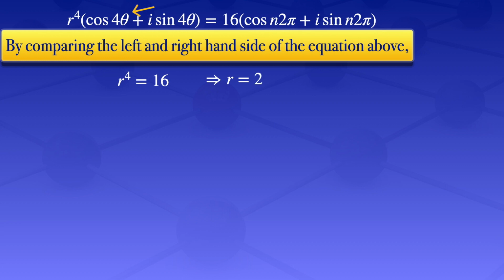Inside the parentheses, we have cosine of 4 theta on the left and cosine of n 2 pi on the right. So by comparison, 4 theta is equal to n times 2 pi, and solving for theta gives theta is equal to n times pi divided by 2.